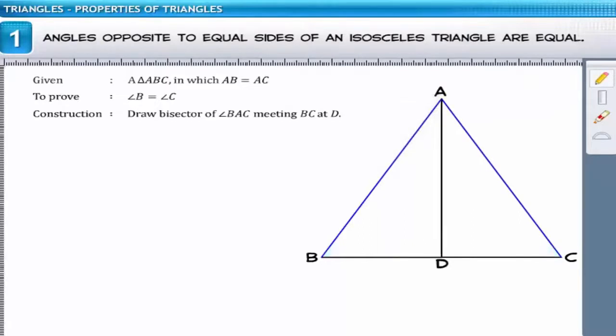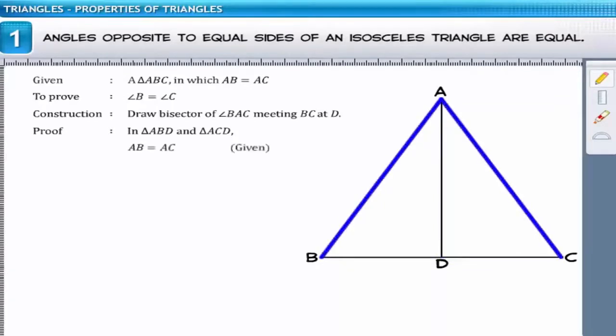First, we will show that triangle ABD is congruent to triangle ACD. In triangle ABD and triangle ACD, side AB is equal to side AC. This is because triangle ABC is isosceles.